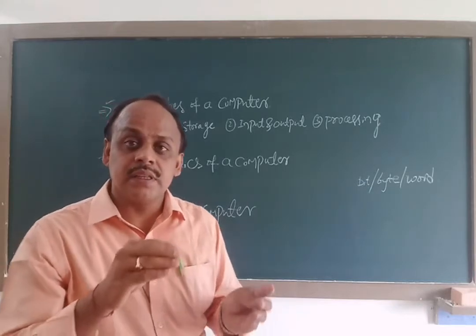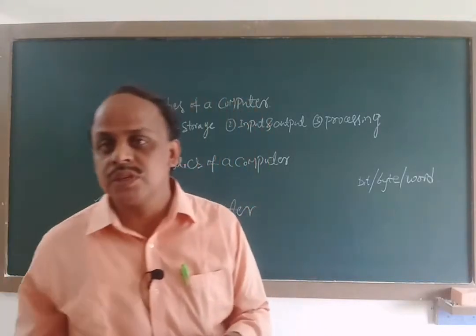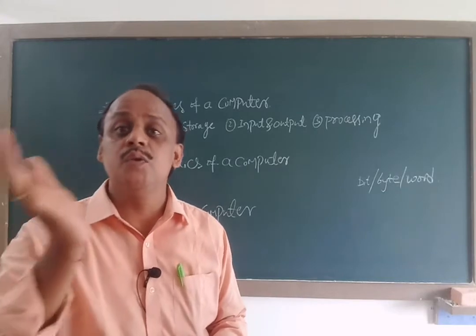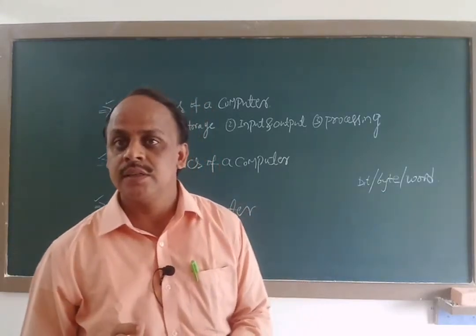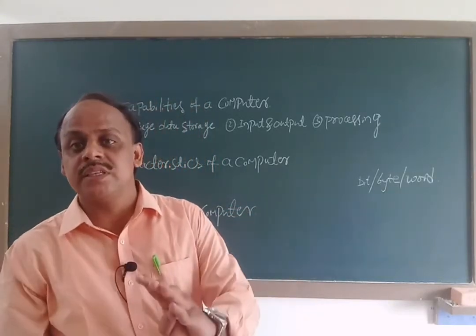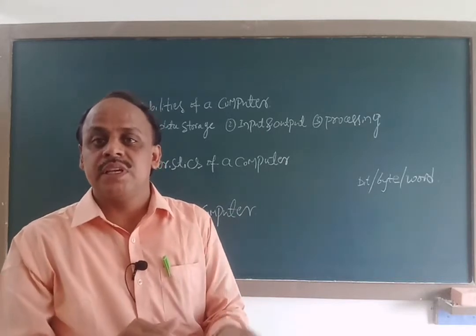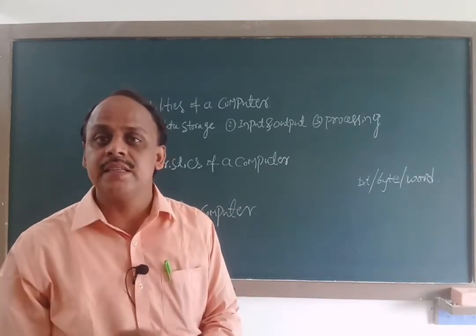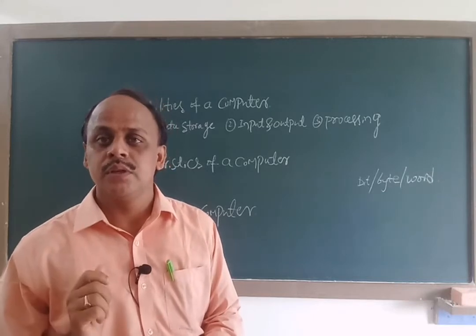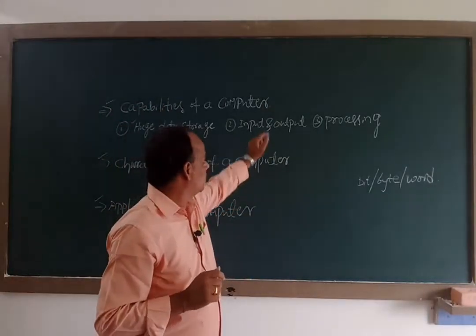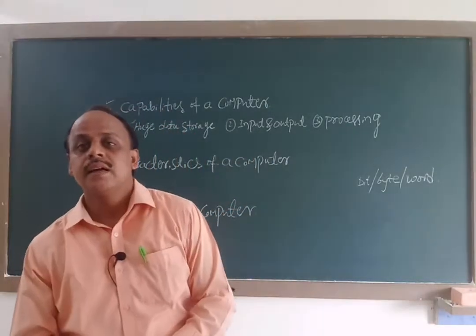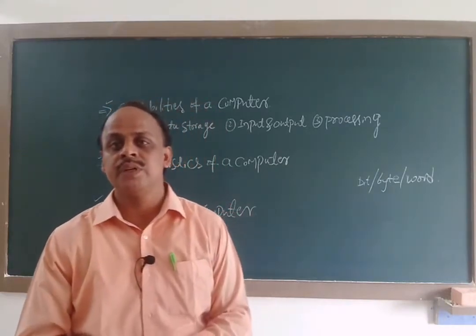That input goes for processing, and after processing it gives a result to the user. So after processing on input, the result we get is called output. So input and output is one of the capacities of a computer.